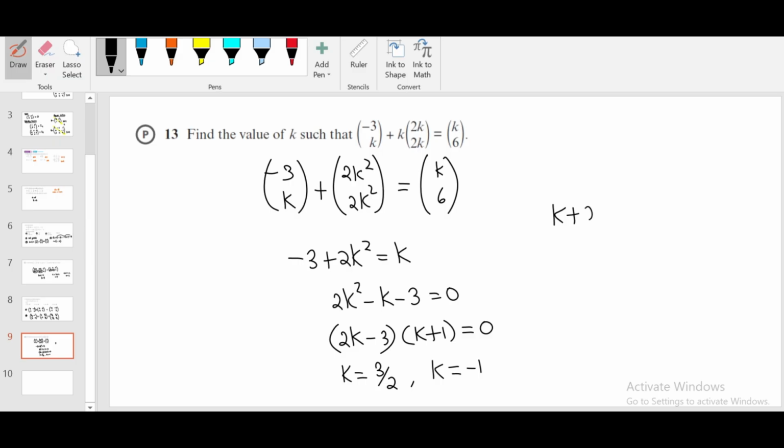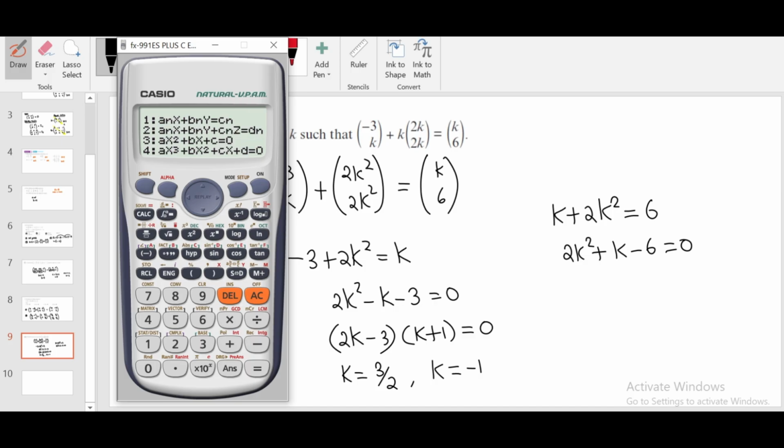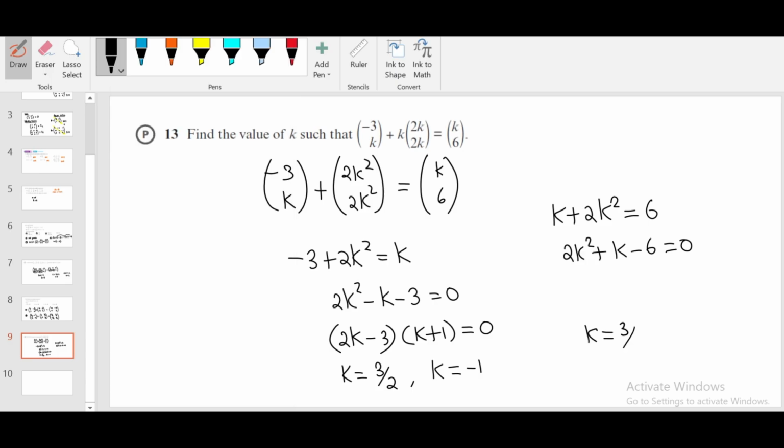K plus 2K square is equal to 6. So we'll get 2K square plus K minus 6 is 0. When we solve this, 2, 1, minus 6, you will get 3 over 2 and minus 2. K is 3 over 2, K is minus 2, which is 2K minus 3, K plus 2 is equal to 0.